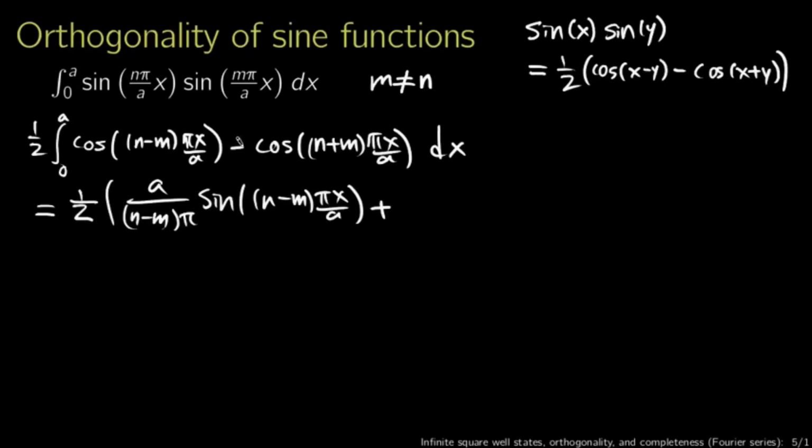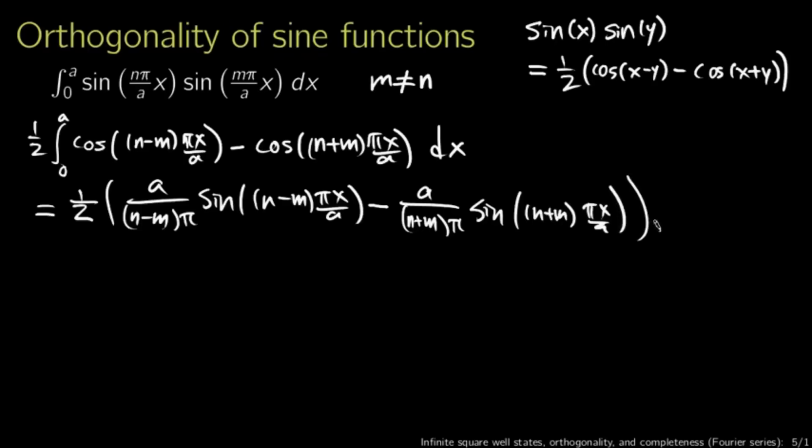This sign should be minus, same as this sign. The sign should be minus here as well. A over (n plus m) pi sine of (n plus m) pi x over a. And this whole thing is evaluated between 0 and a.